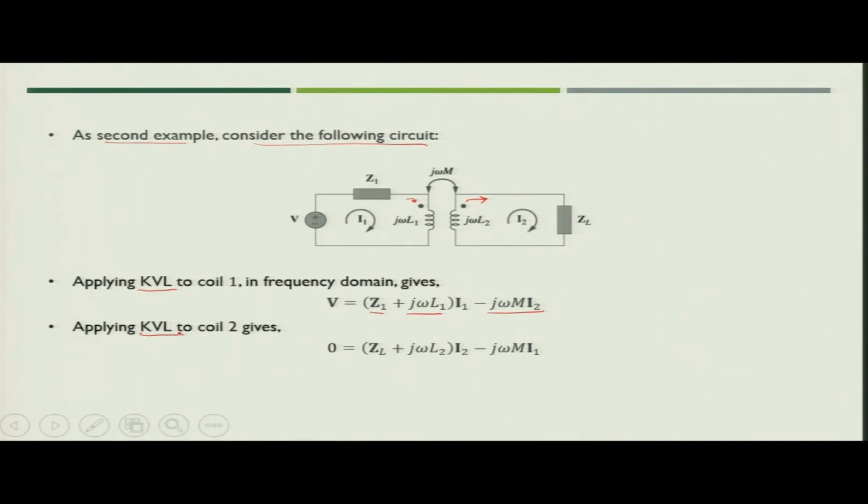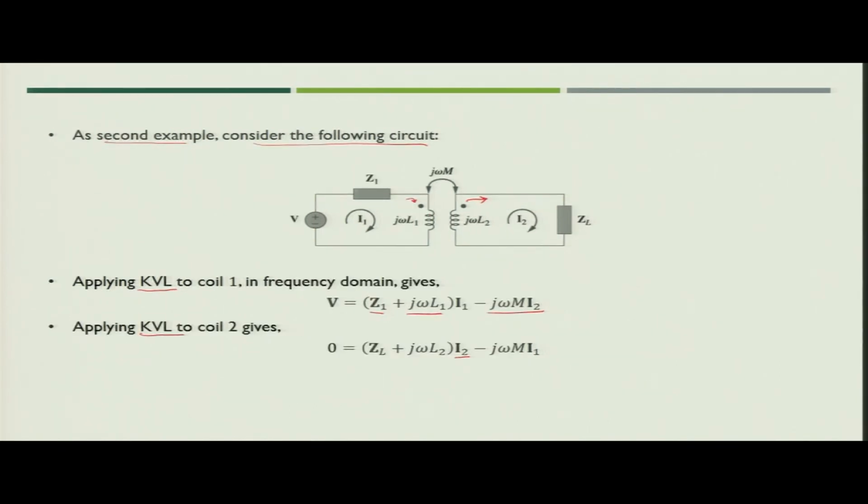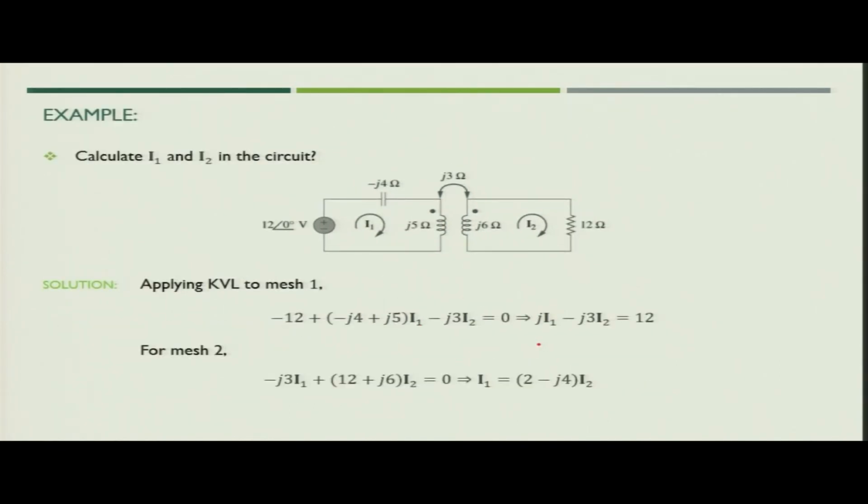Similarly, for the second coil there is no voltage source, so we write 0 is equal to (ZL plus j omega L2) into I2 minus j omega M I1. So, you can see that in both cases the mutual voltage polarity is changing.